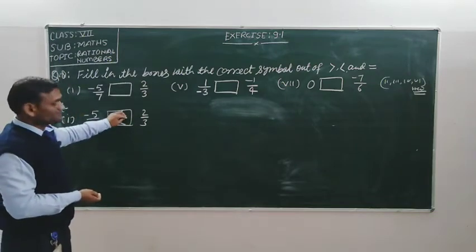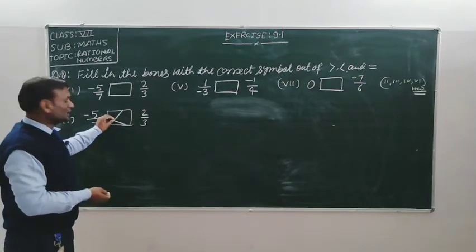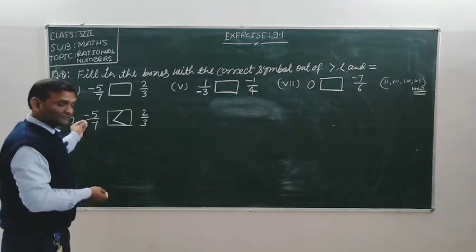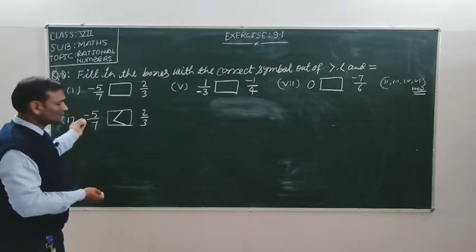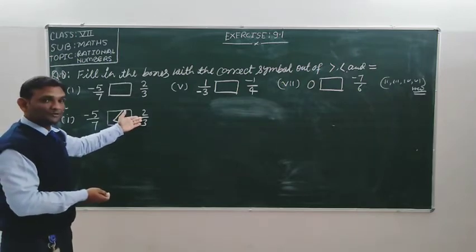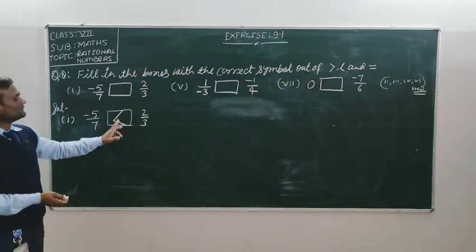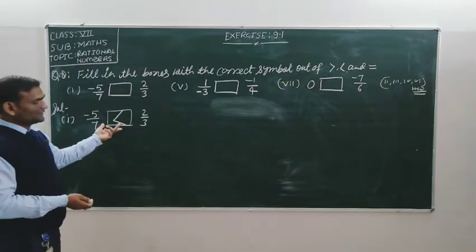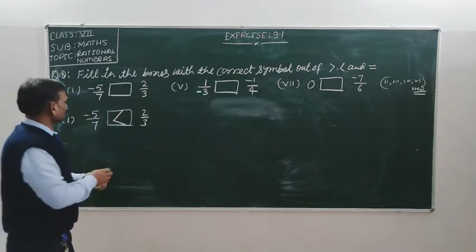Mouth of the symbol will open to the side of the greater number and tell to the side of the smaller number. So we use this symbol in the boxes. Directly you can fill the symbol in the box.